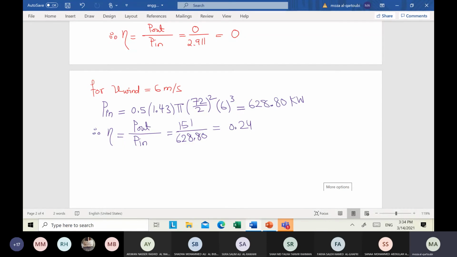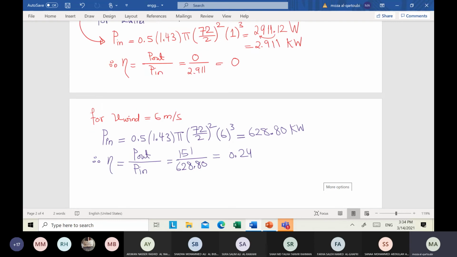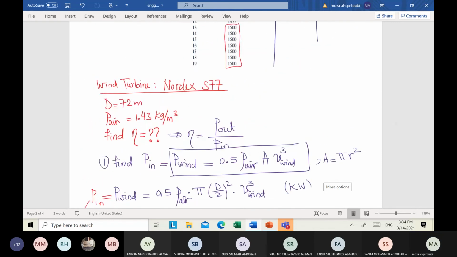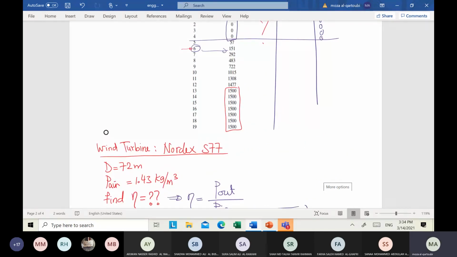We can also find efficiency as a percentage by multiplying by 100. For the last values, from velocity 13 to 19, can we find the efficiency directly by calculating one value?